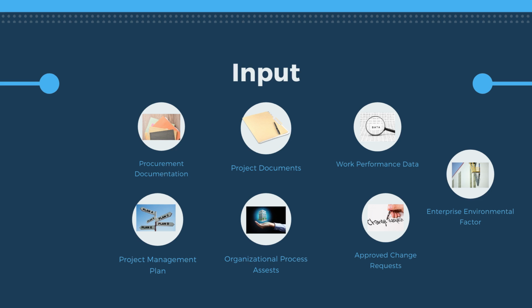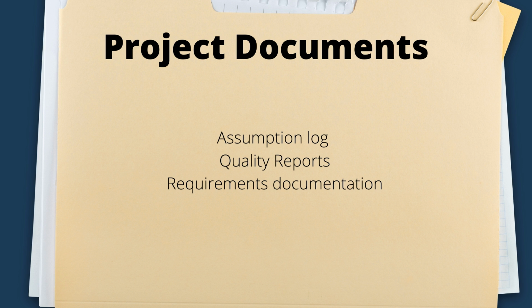The inputs of the control phase include procurement documentation, project documents, work performance data, project management plan, organizational process assets, approved change requests, and enterprise environmental factors.